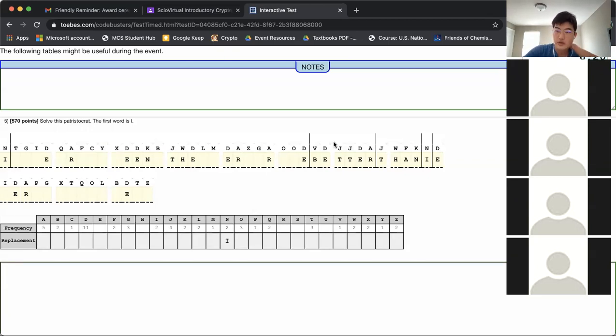Yeah, I think even if we go over time, we can just finish up this Patristocrat and then end class. See, this throws me off because OOD ending a word is a little bit weird.